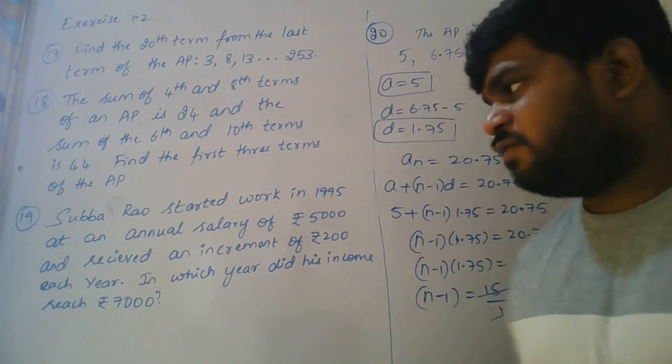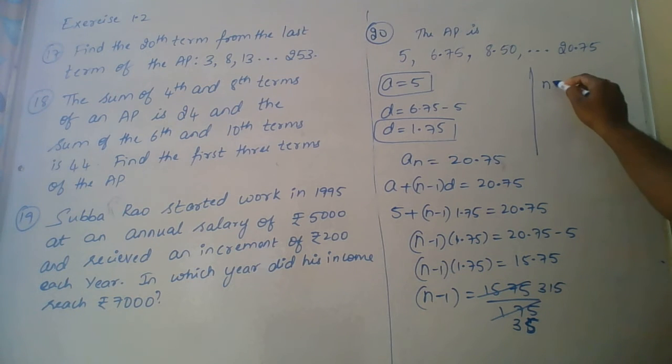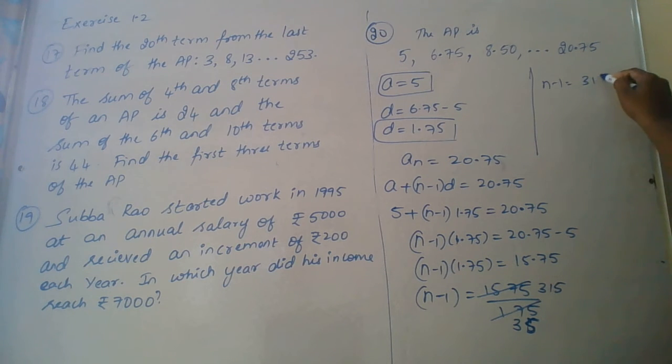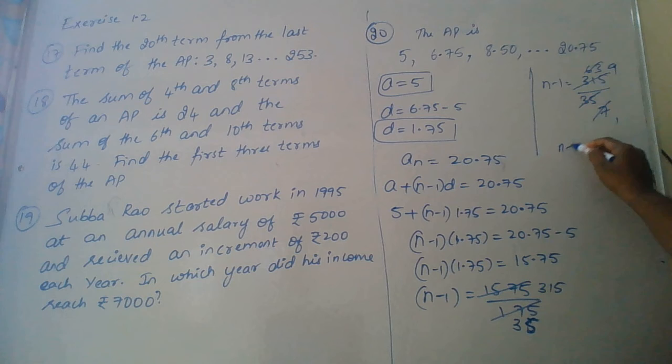Again, let's do it by 5 itself. N minus 1 is equal to 315 divided by 35. 5 7s are 35, 5 6s are 30, 1 carry 5. 3s are 9, 7 1s are 7, 7 9s are 63. So N minus 1 is equal to 9. Therefore, N is 9 plus 1, which implies N is 10.